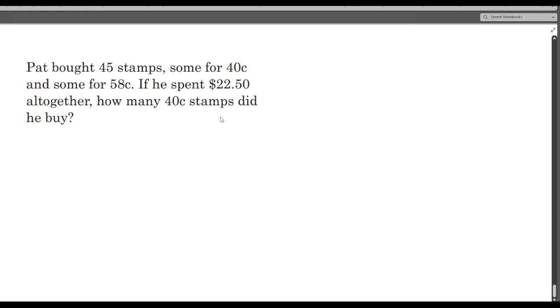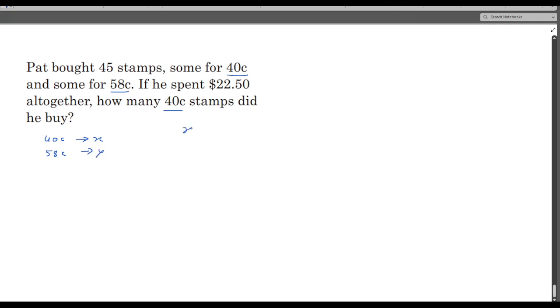Now, Pat bought 45 stamps, some for 40 cents and some for 58 cents. He spent $22.50 altogether. How many 40-cent stamps did he buy? So 40 cents, let us consider there are X stamps, and 58 cents, let us consider there are Y stamps.